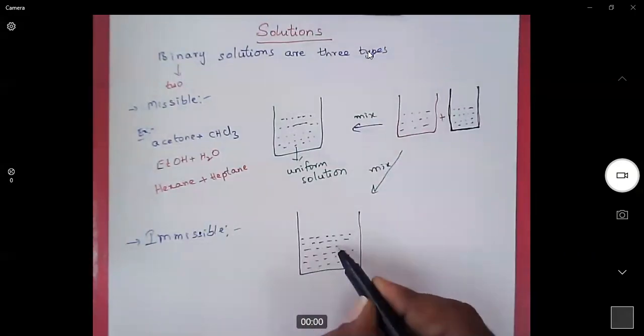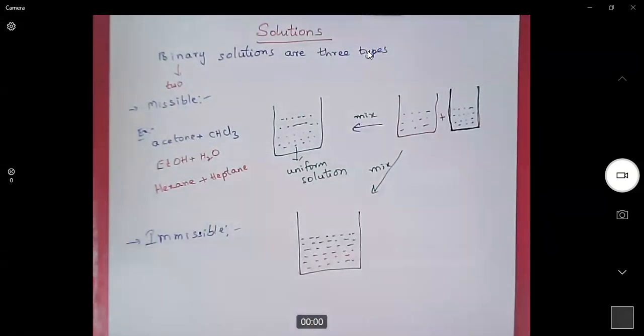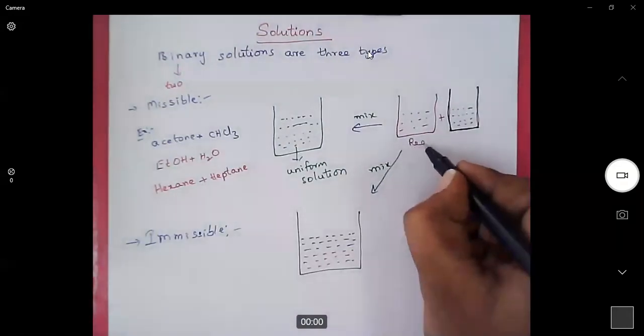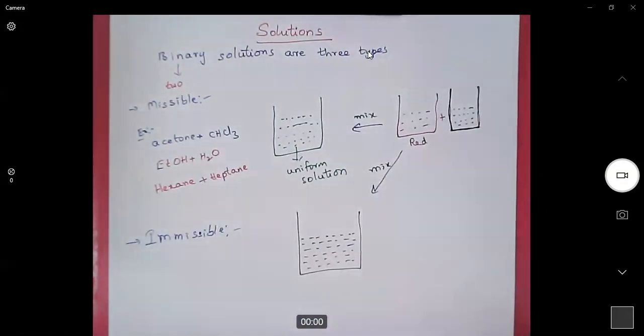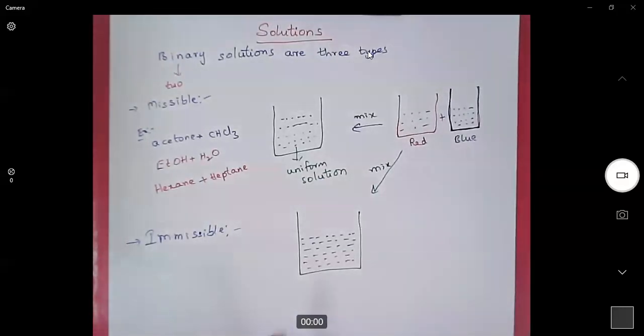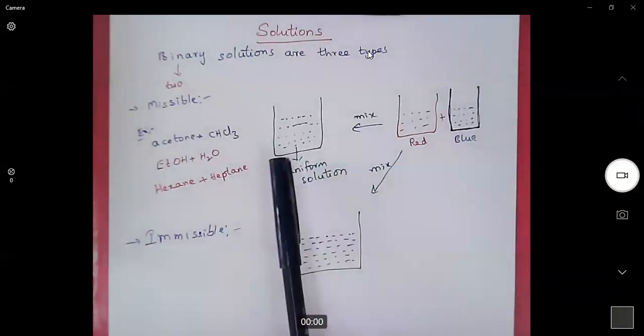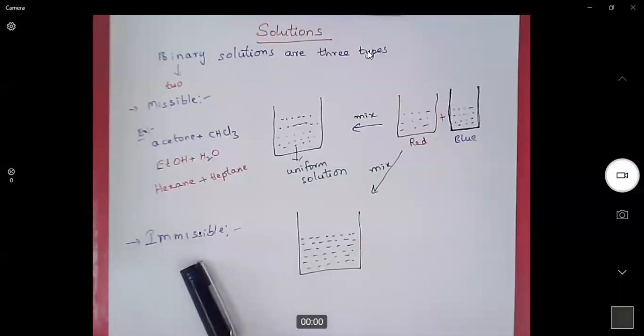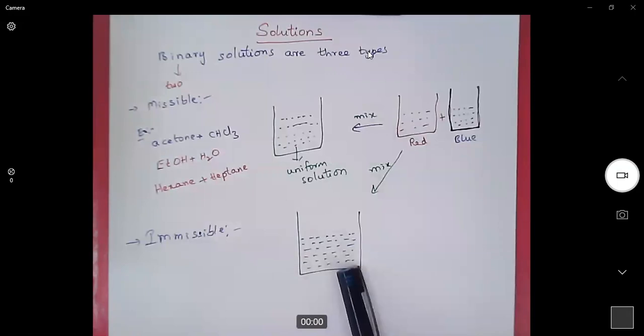For simplicity, I'll write this is red color solution, this is blue color solution. Miscible solutions will completely mix and generate a uniform solution, whereas immiscible compounds will not mix with each other. Both red color component and blue color component will have their own phases or their own characteristics.